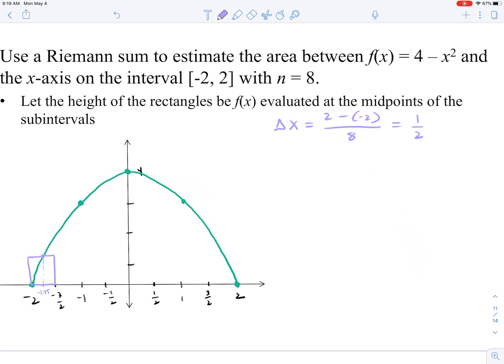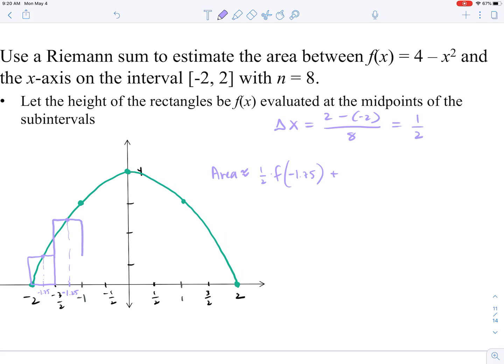Okay, so we want to use f of -1.75 to find the height. So our approximation for the area will be +1/2 times f of -1.75.